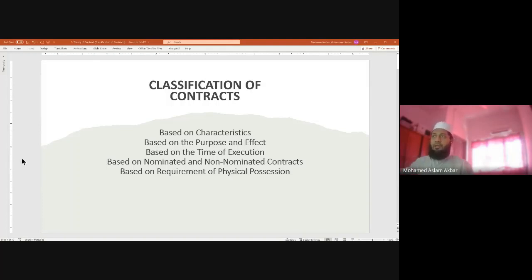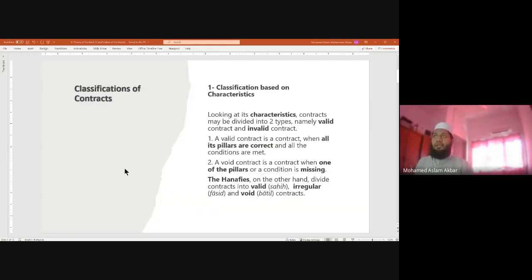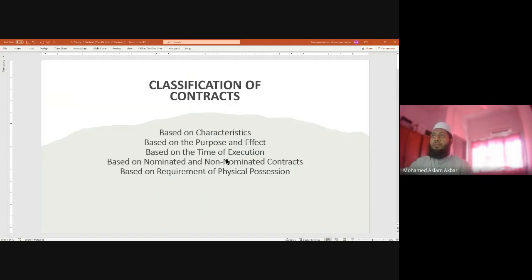The first one, which is quite important, is classification based on characteristic. Let us talk about characteristic, then we move to based on purpose and effect.